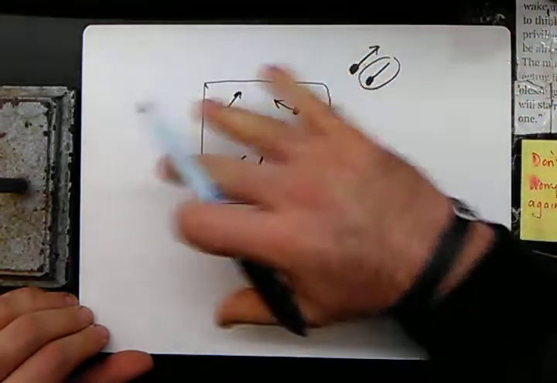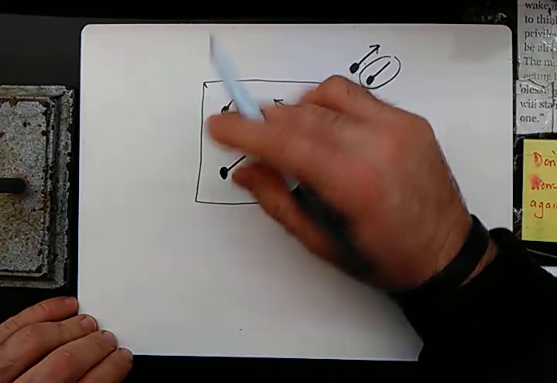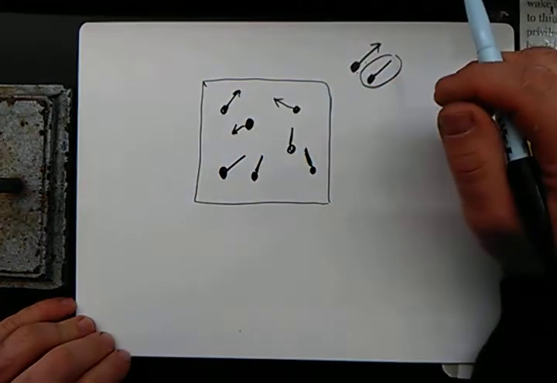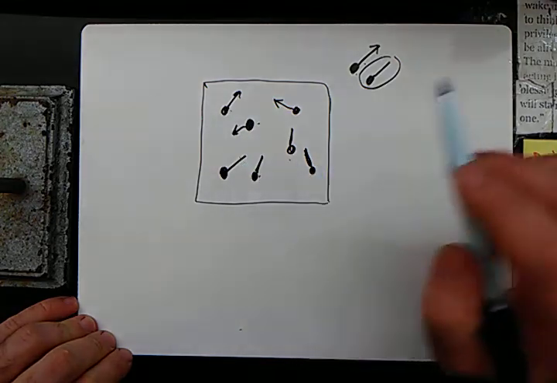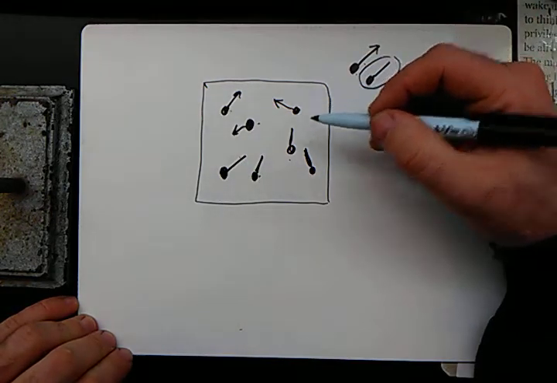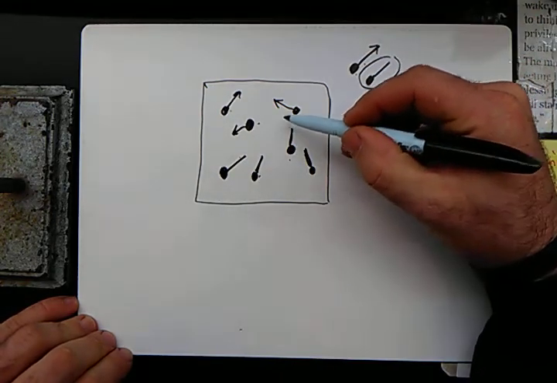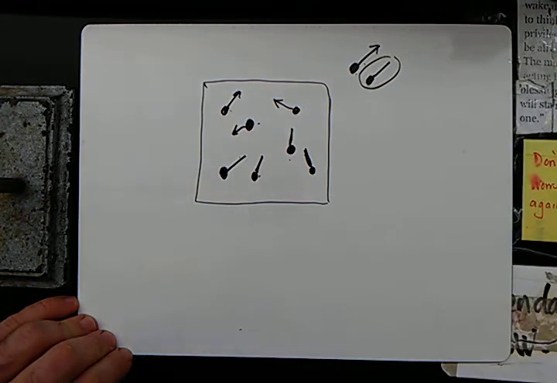Okay, so if this box is the entire universe, and let's say these are all the objects in the universe, well, I want to focus or zoom in on just, let's say, 2 of the objects, and we're going to ignore everything else.